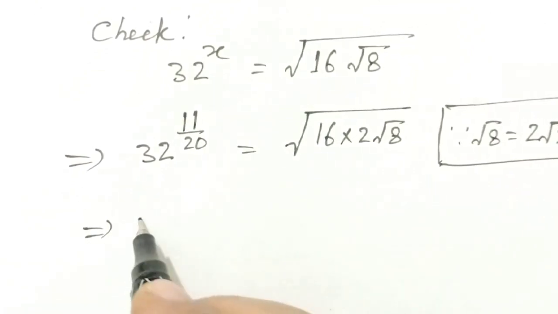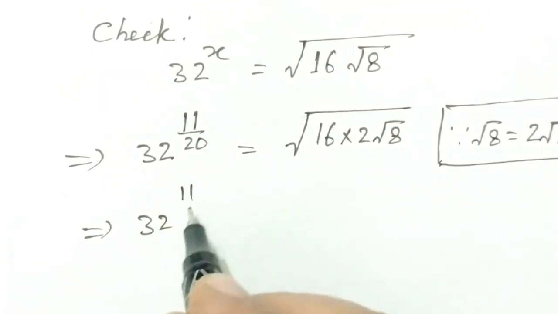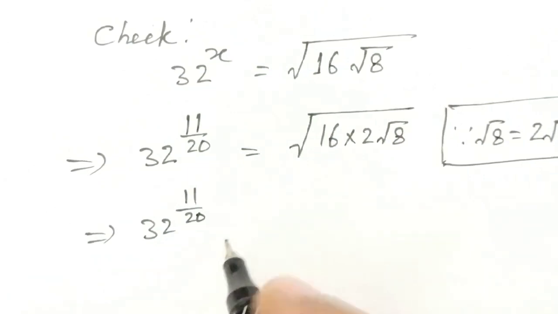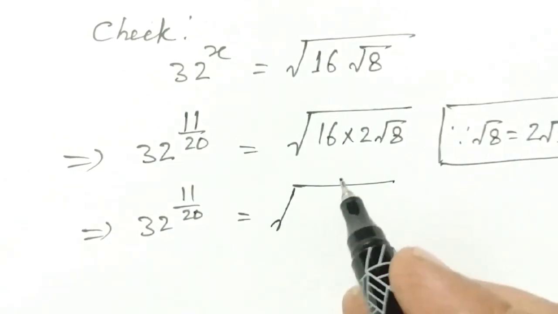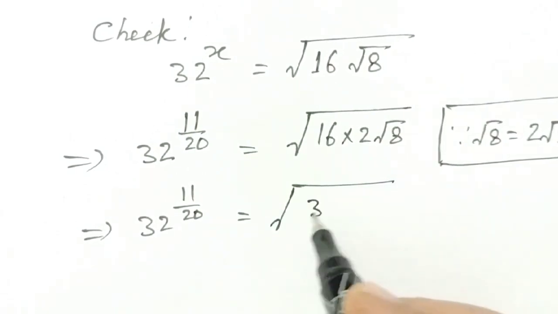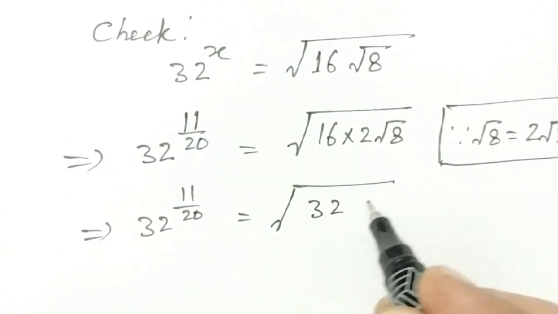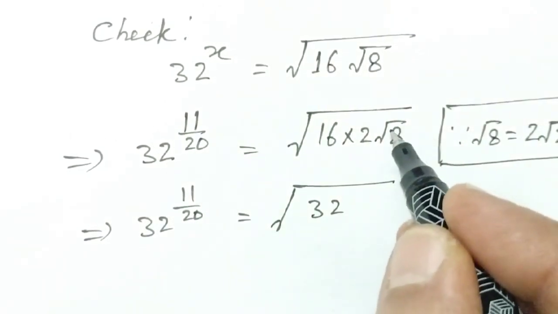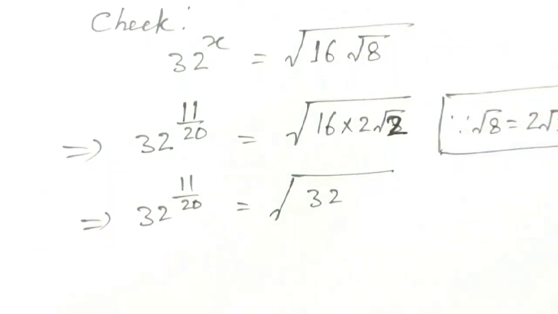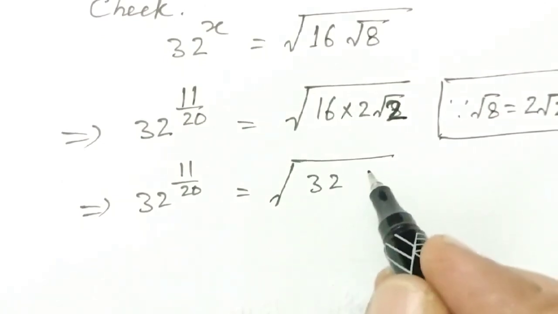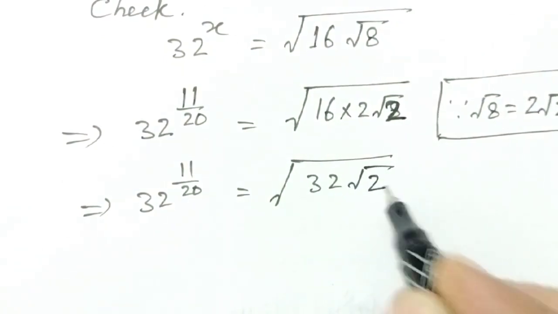Now 32 to the power 11 over 20 is equal to square root of 32. I am extremely sorry, here 4, right? So 4 into 2 square root of 2.